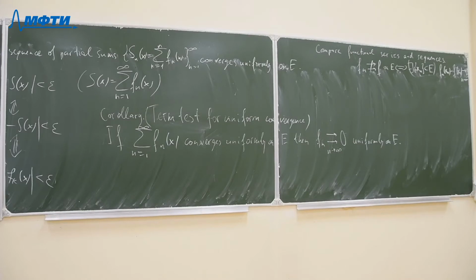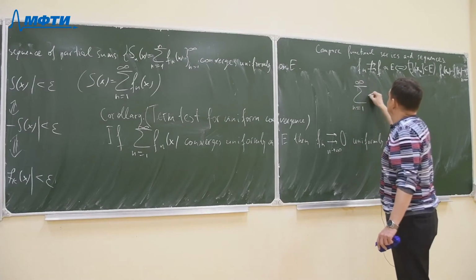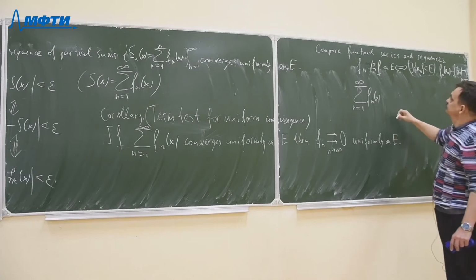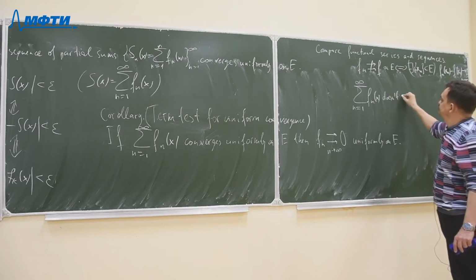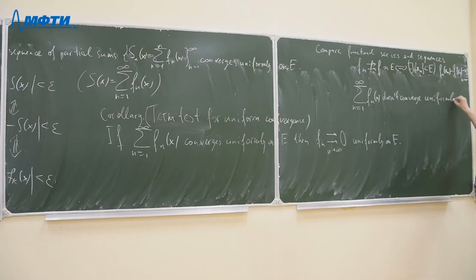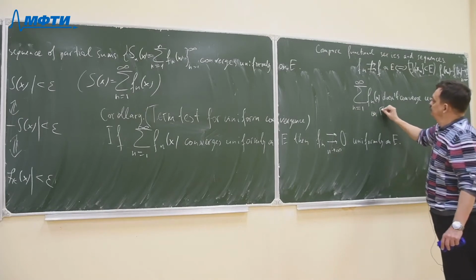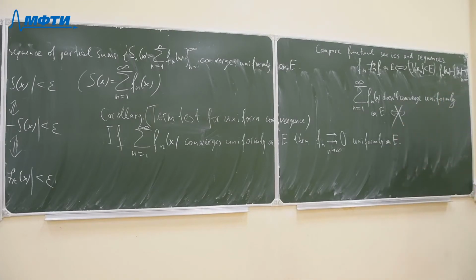That is sufficient to prove the absence of uniform convergence of a sequence. But for series, that is not true. So, look. Popular mistake.